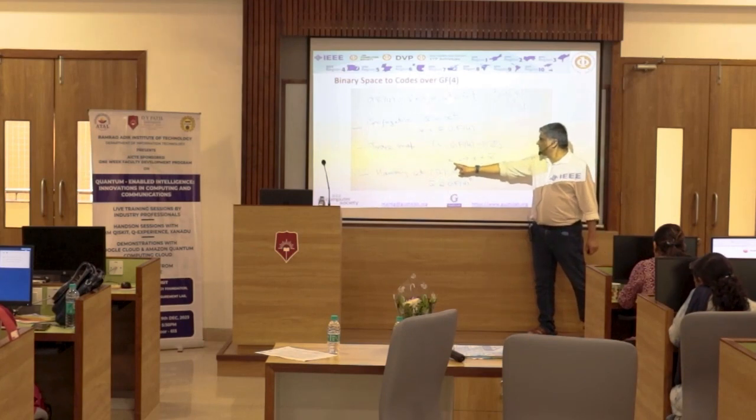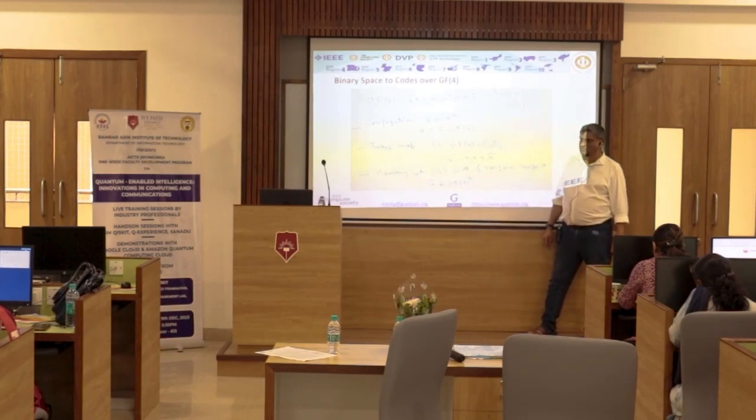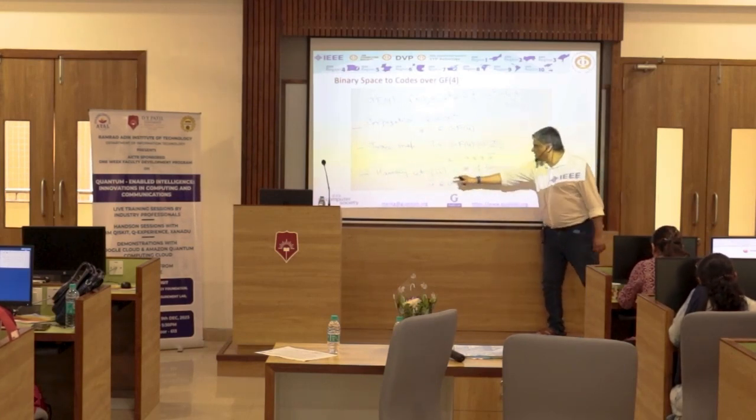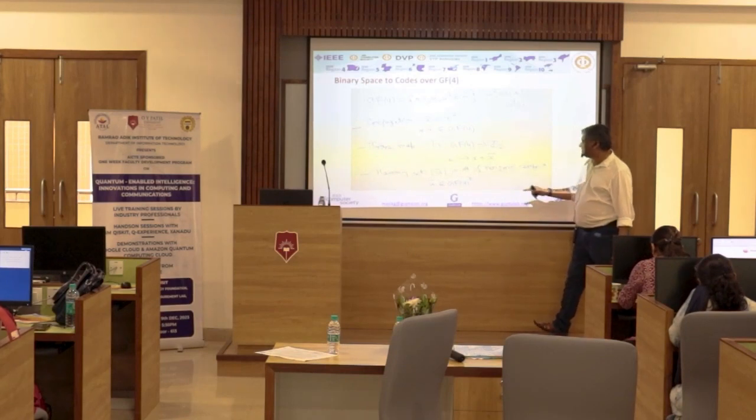So if you take 0, the trace of 0 is 0. The trace of 1 is 0, since 1 plus 1 is 0. So this is the way we define the trace. Then we define the Hamming weight of u as the number of non-zero components of u.